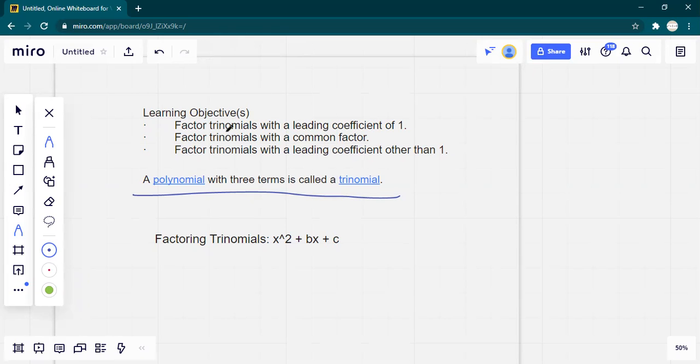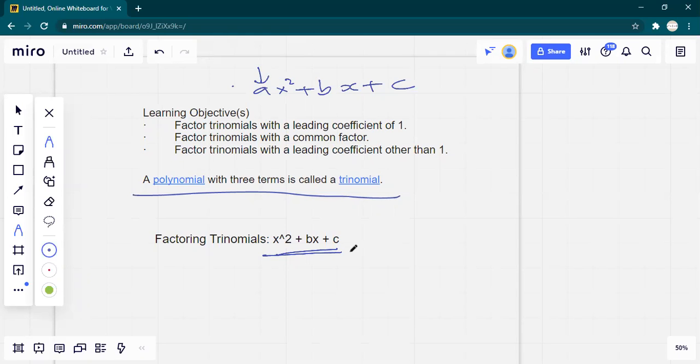The general form of a trinomial is ax squared plus bx plus c. If a is equal to 1, it becomes this form. Let us first discuss the factorization of trinomials of the form x squared plus bx plus c. Then we will come to the more complicated case when a is not equal to 1.